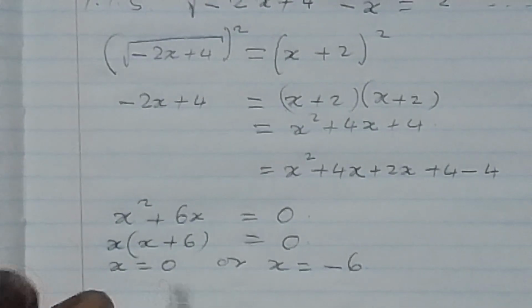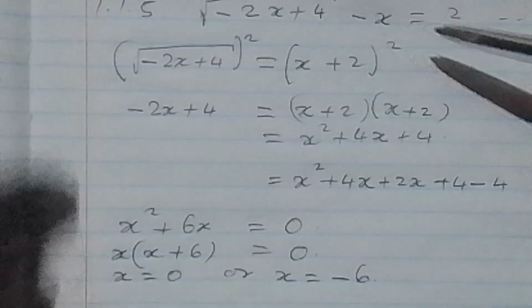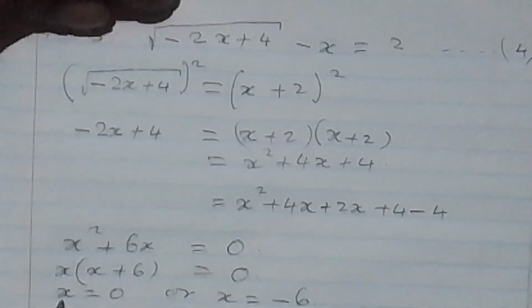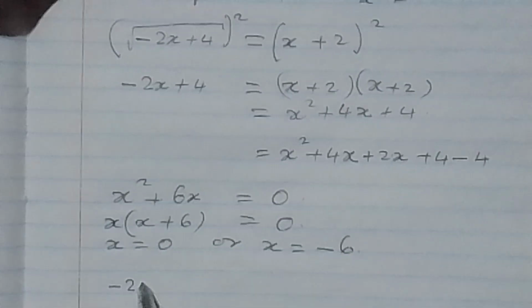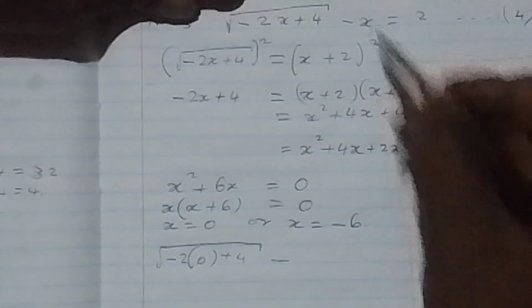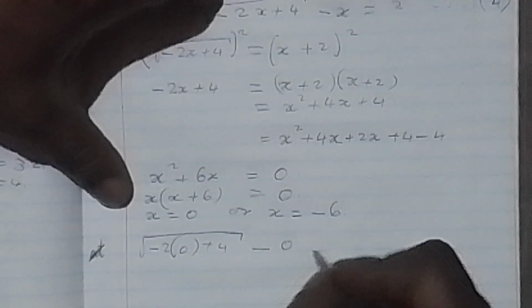Now you cannot submit this until you do a test from the original equation. Let's start with 0. Whenever you see x, you put a 0, plus 4, put a square root, minus 0, equals 2.